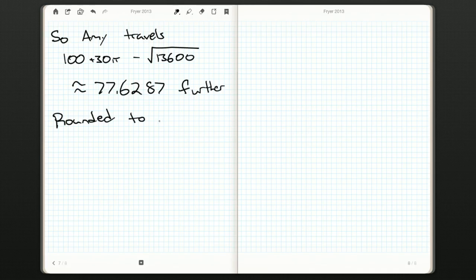I think we want rounded to the nearest meter. It's not 77. The 0.6 means we round up. Standard rounding rules.